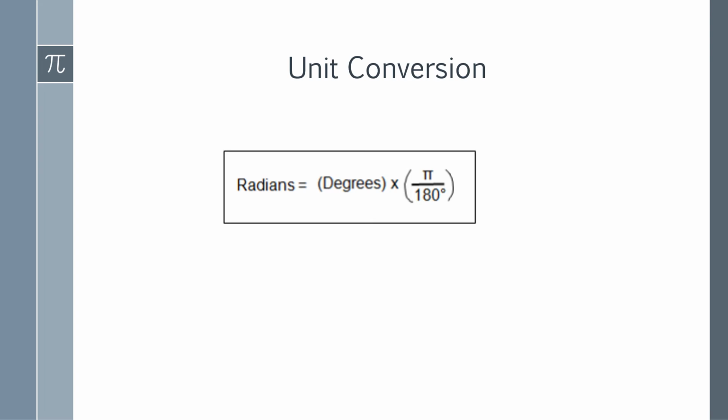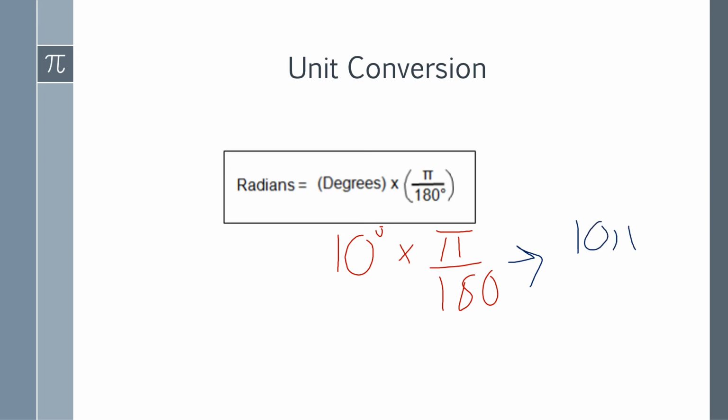Suppose I'm trying to find the radians, but I have a degree of 10 degrees. Well, I know, according to this formula, I have to do all that. So when I multiply across, I get 10 pi over 180.